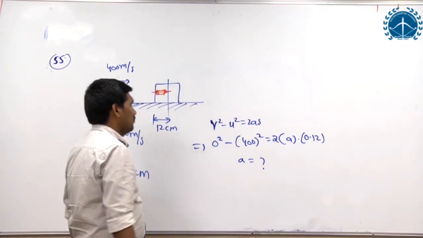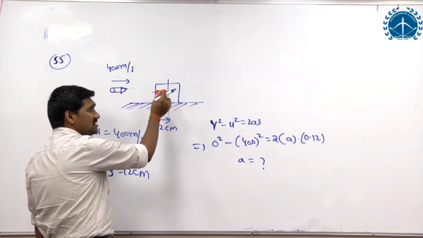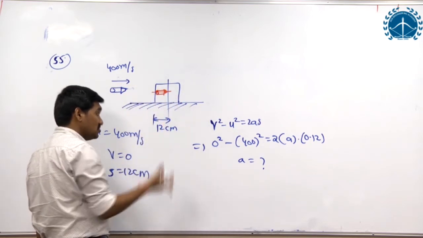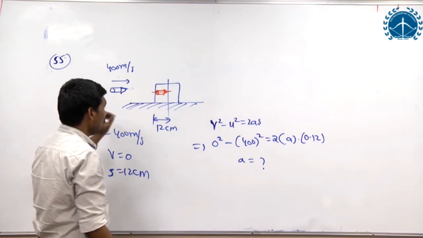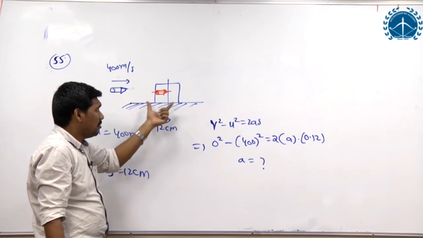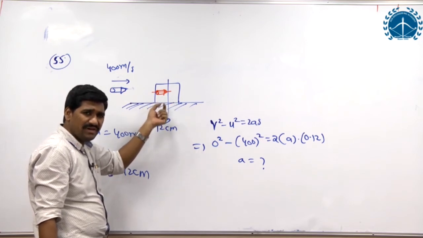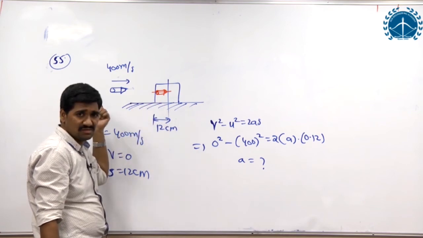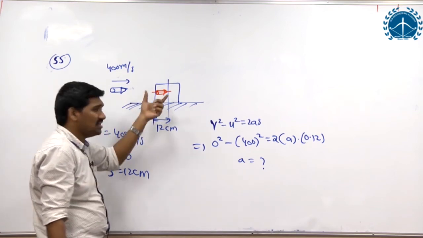Now what he was asking is, what is the force exerted by the block in the opposite direction? Since the block is fixed, the block will apply a force in the opposite direction, which is called the resisting force, to the movement of the body.